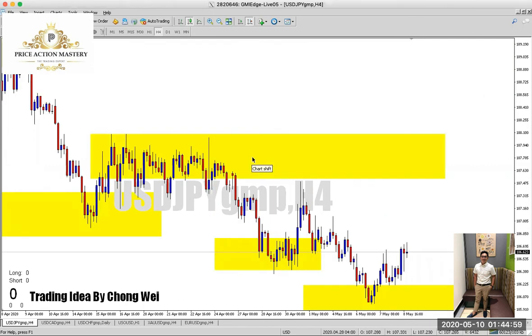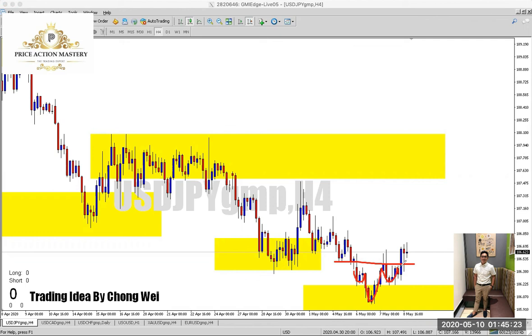This is what I'm worrying. Okay, so I will prefer to wait for 1, 2, 3, 4. Then I observe. Okay, for USD yen, overall it's still a downtrend.